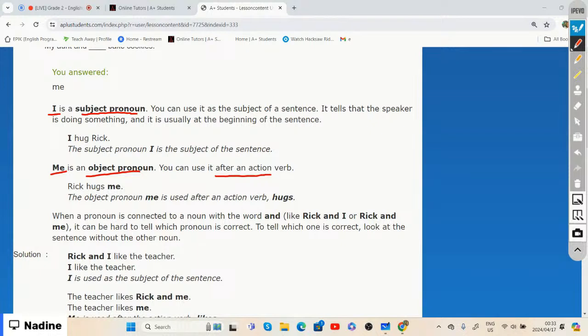Right? So now we say Rick hugs me, right? So here we have hugs is our action verb, right? So after the action verb comes our object pronoun, which is me. So the object pronoun is me and it's used after the action verb, which is hugs.